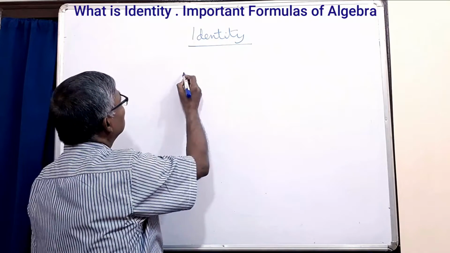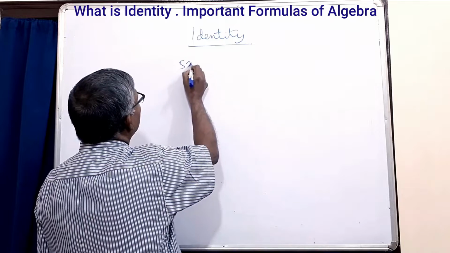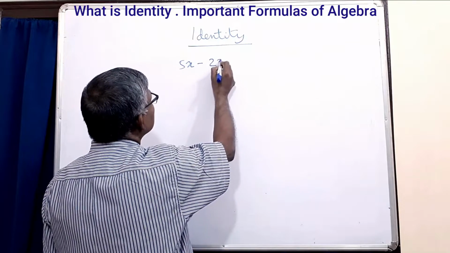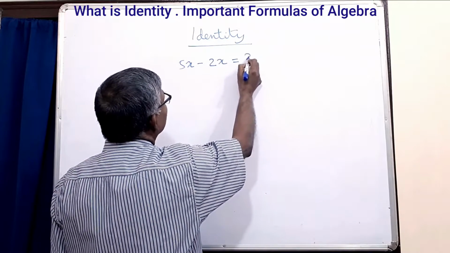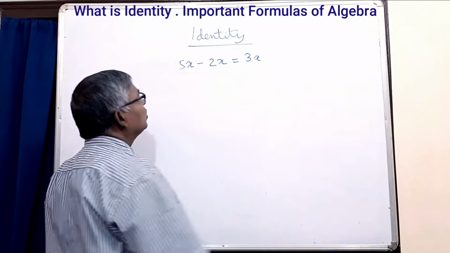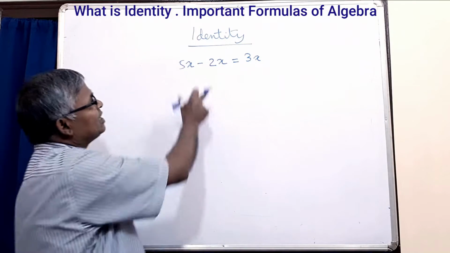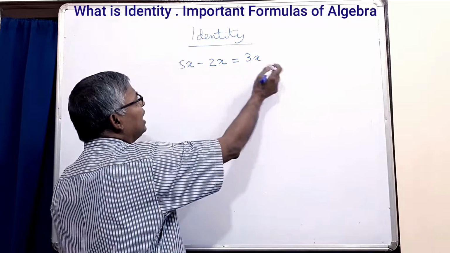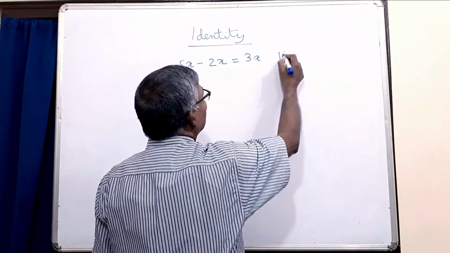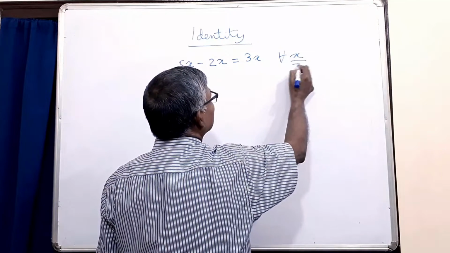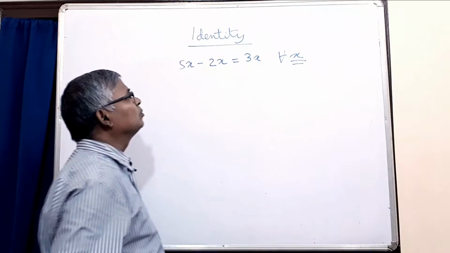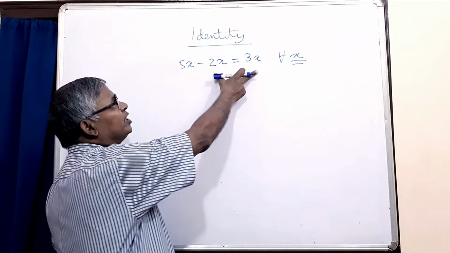Suppose 5x minus 2x equals 3x. Whenever two algebraic expressions are equal for every value of x, then it is called an identity.